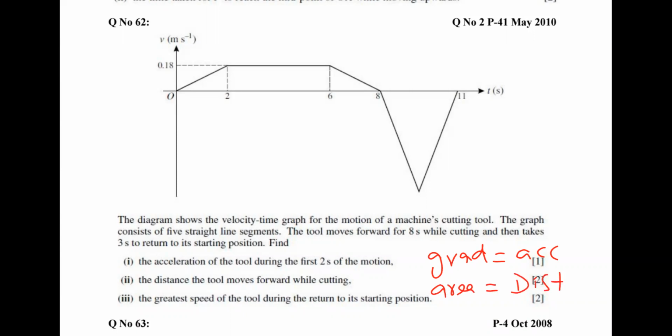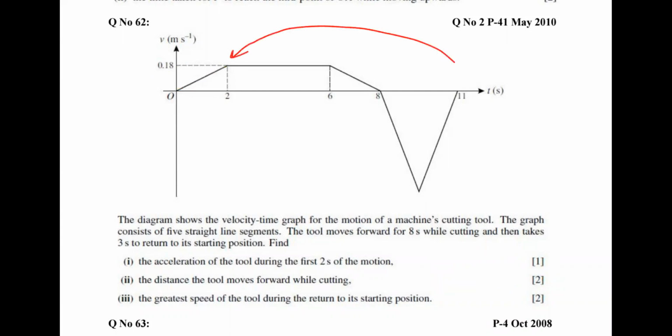He is asking for the acceleration in the first 2 seconds. So it means I am looking for the gradient of this line. Simple. What is the coordinate of this point? X is 2, Y is 0.18. And what is this coordinate? 0, 0.